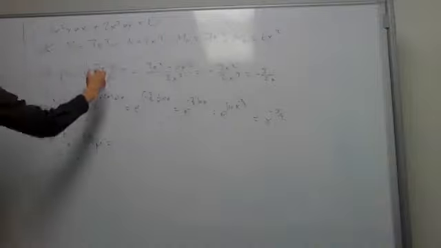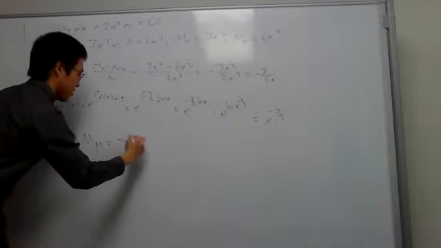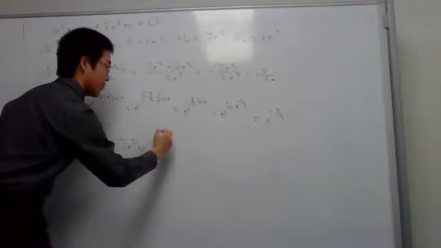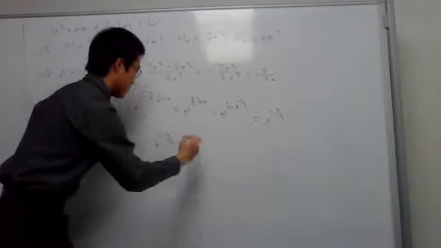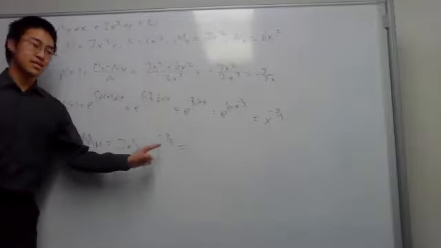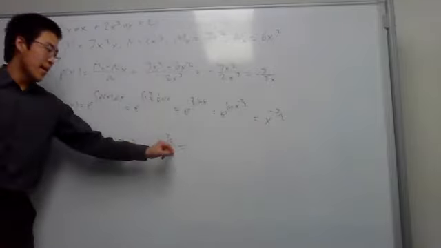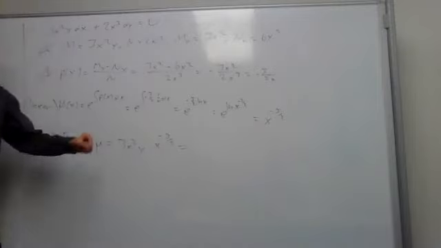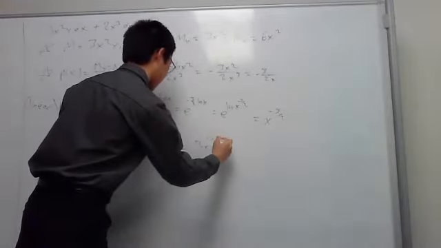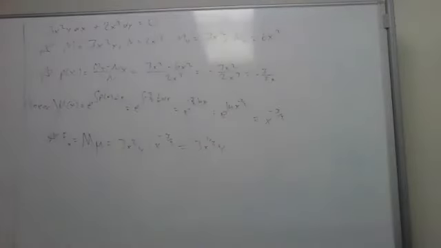I take m, 3x squared y, and then I take mu and multiply it. And then when I simplify that, you can add the exponents here because the x's are multiplied. So 2 minus 3/2 is just 1/2. So it's 3x to the 1/2 y. That's what we end up with for fx.